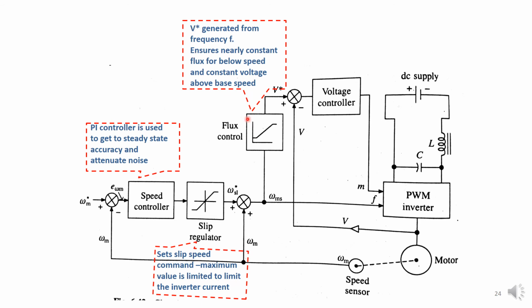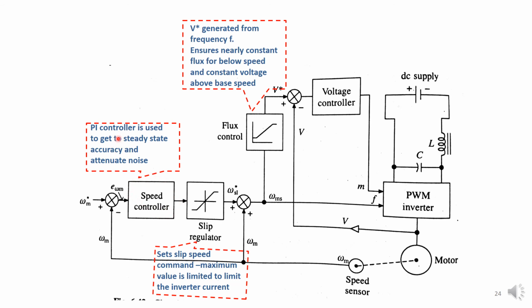The flux control will produce the V star. This V star is generated from the frequency F. It's generated from a function generator. It ensures nearly constant flux below base speed and constant voltage above the base speed.